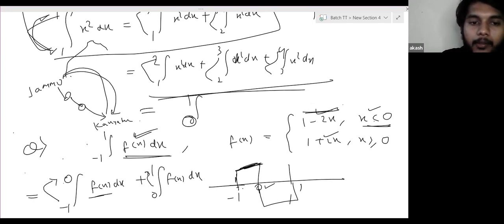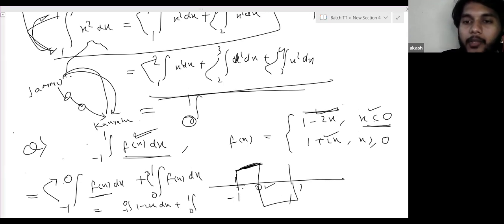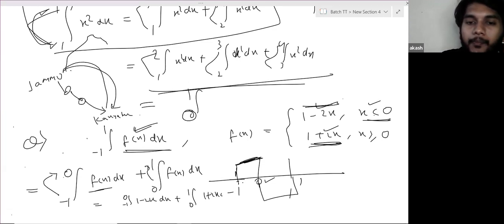So this will be -1 to 0, 1 minus 2x dx plus from 0 to 1, when the value of x is 0 to 1, f of x will be 1 plus 2x. Now you can integrate this very easily, get the answer.